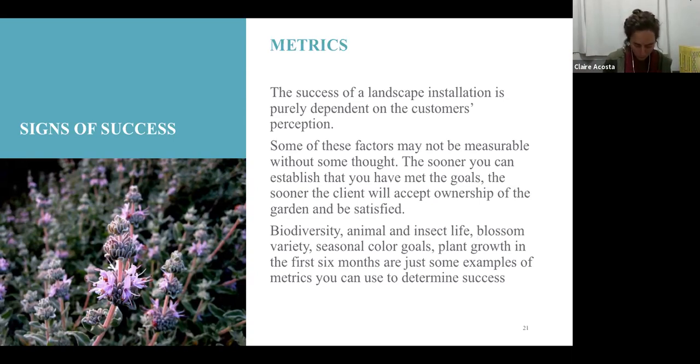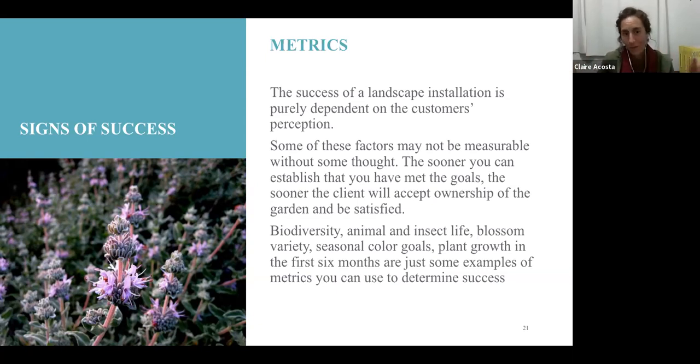Like blooming, and also diversity, animals, bugs, everything, encouraging them to see their garden in that way, as opposed to the conventional view of it just being full of plants, starting to get them to measure the success of their garden in a more holistic way, and more long-term.